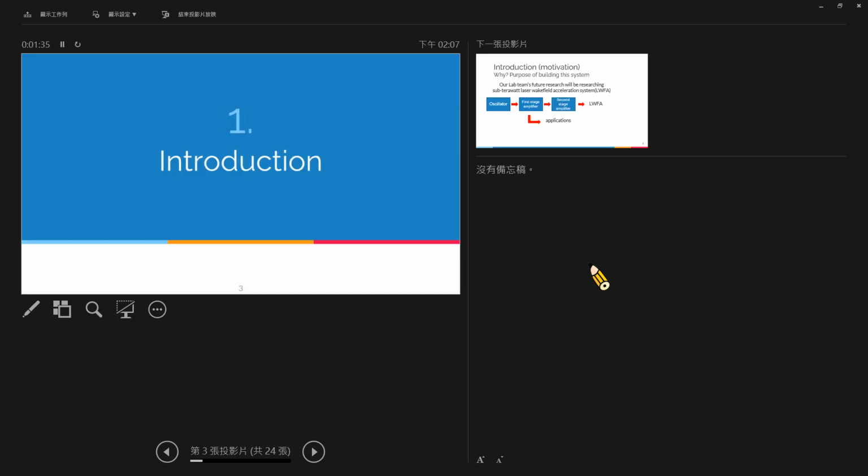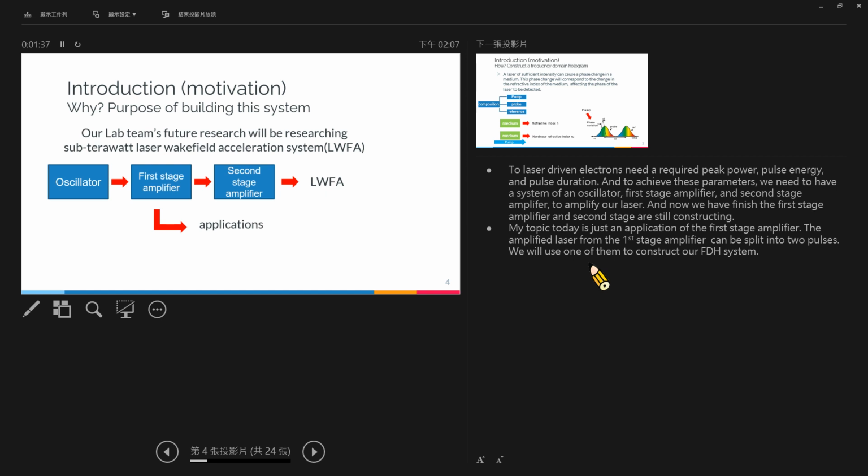Okay, so the introduction part. Why the purpose of building this system? Because our lab team's future research will be on sub-terawatt laser wakefield acceleration, LWFA, and laser-driven electron acceleration needs a required peak power, pulse energy, and pulse duration.